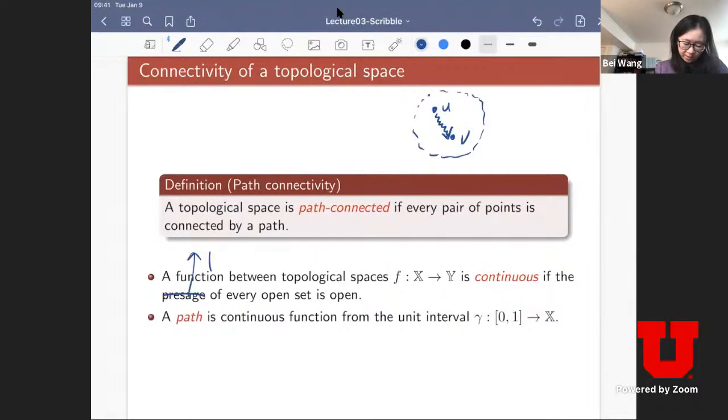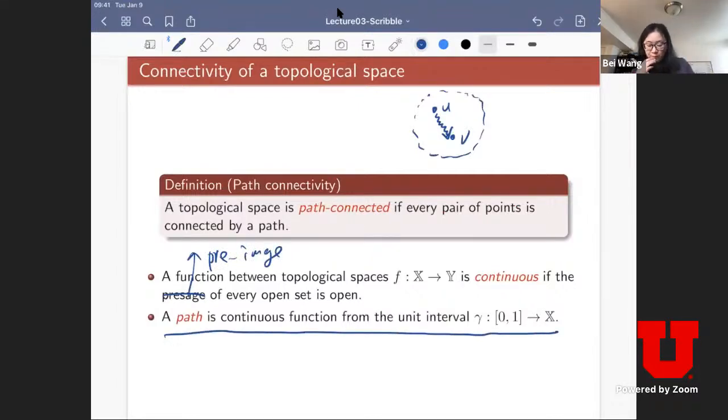This is a misspelling mistake, pre-image. And a path is a continuous function from the unit interval. So what does this mean?